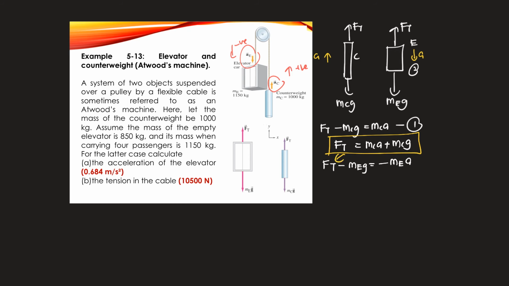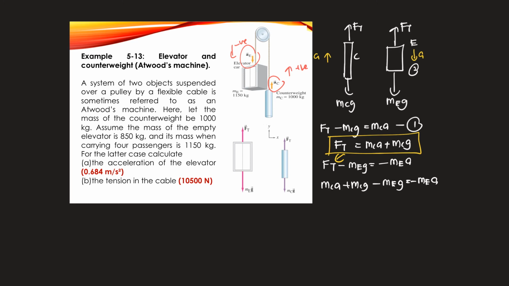My combined equation is MCA plus MCG minus MEG equals negative MEA. It's very important to put the subscript to differentiate which mass represents which object.